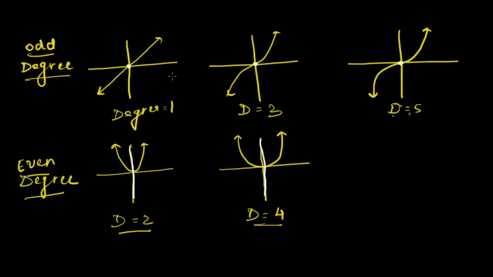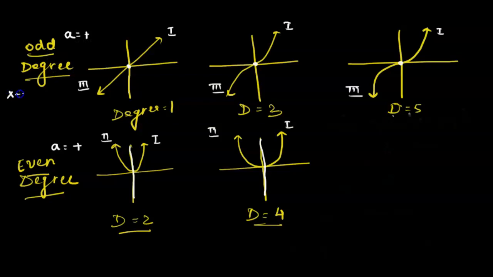We also notice that these are the graphs of odd degree with a positive. These are the graphs of even degree with a positive. So a positive odd degree lies in the first and the third quadrant, here also first and third quadrant, whereas even degree a positive lies in the first and second quadrant, here also first and second quadrant. So the end behaviors would be the same for odd degree when it's a positive.